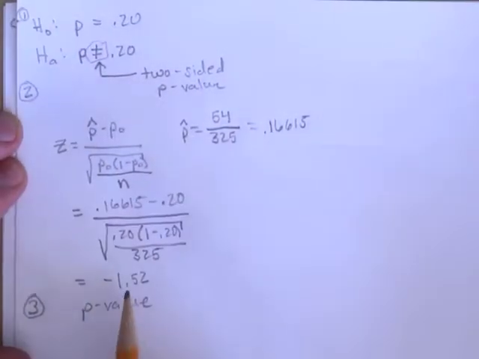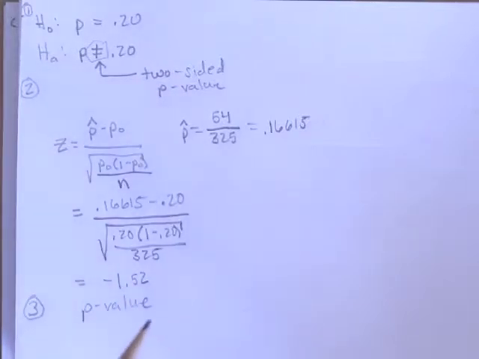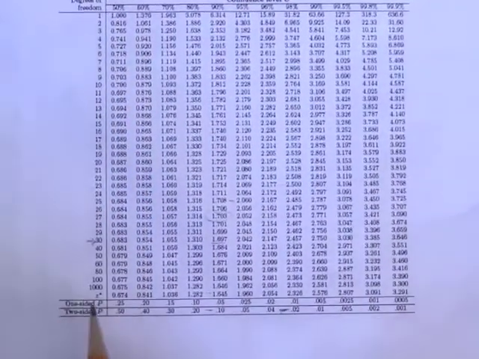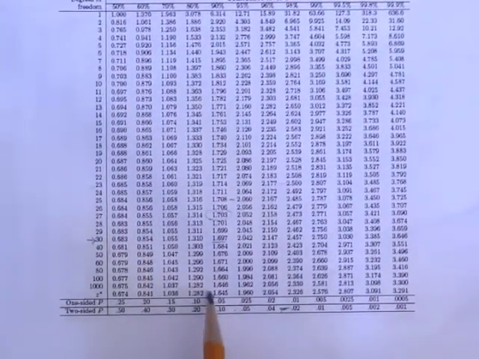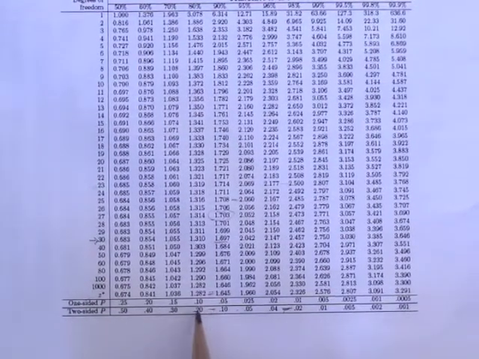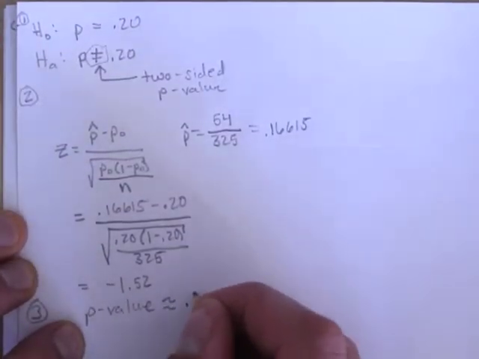And if we come down here, that was a z value we calculated, so we're going to go to our table and look for not the negative 1.52, but just 1.52 in the z's, and use the two-sided p. So 1.52 down here, and the z's are in the bottom row. 1.52 is right in here. And go down to the two-sided p, so the p-value is between 0.20 and 0.10, which, if we average those, would work out to be 0.15.